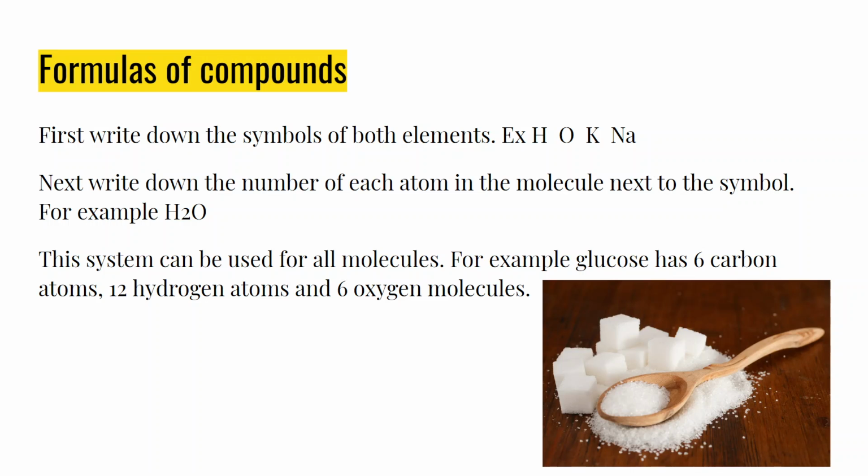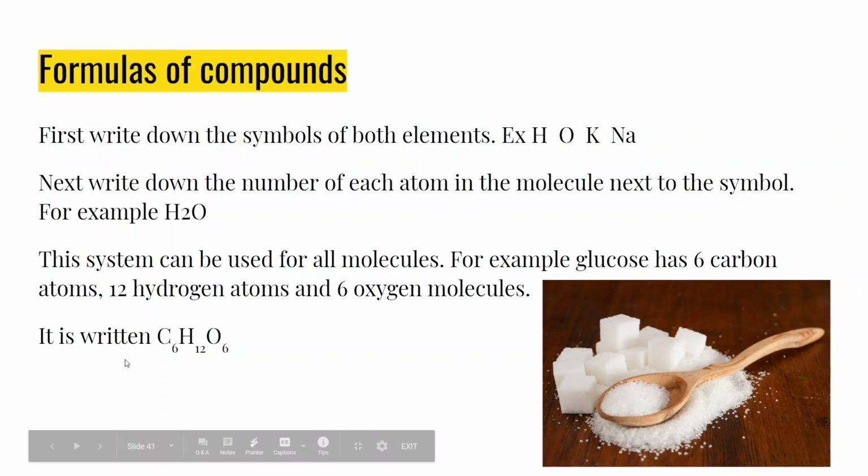Now, this system can be used for all molecules. For example, glucose has 6 carbon atoms, 12 hydrogen atoms, and 6 oxygen atoms. It should be atoms, not molecules. And then from here, it is written C6H12O6.